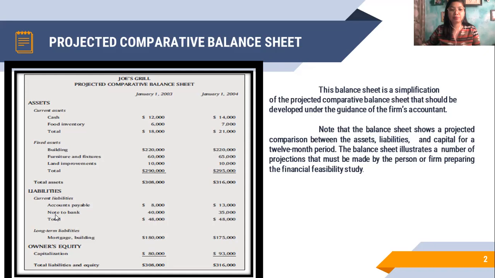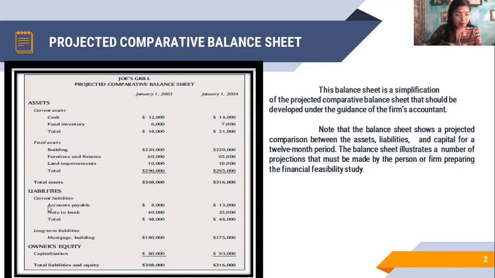And then for the liabilities: accounts payable, the note to bank, the total, and the long-term liabilities such as the mortgage of the building, and equity, capitalization, that's 80,000 here in the example. Okay, so you need to have the sum of all of that.